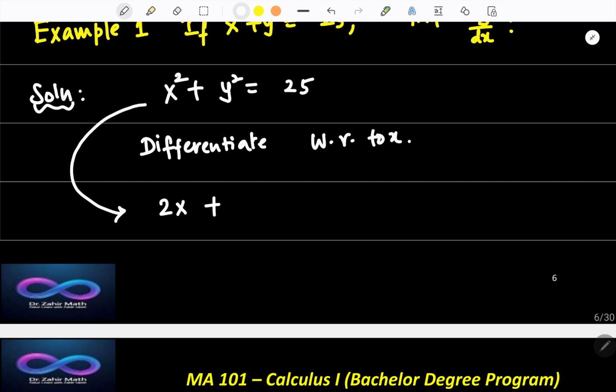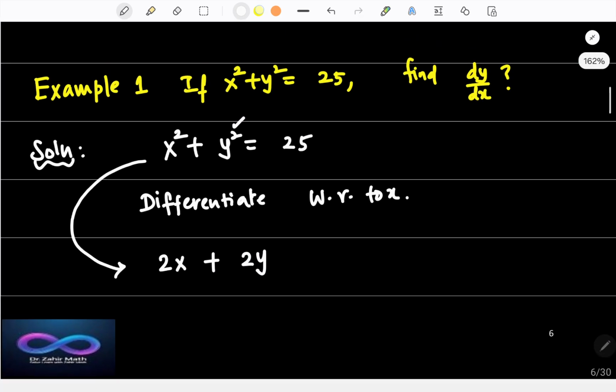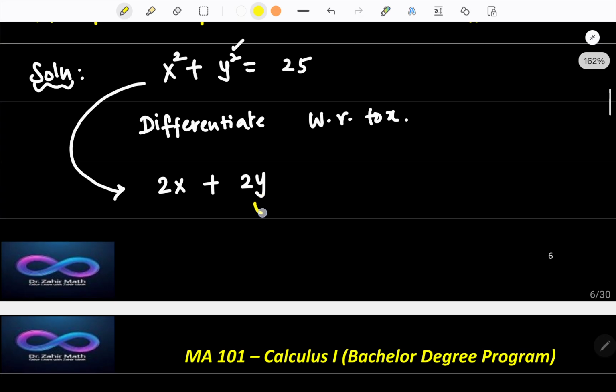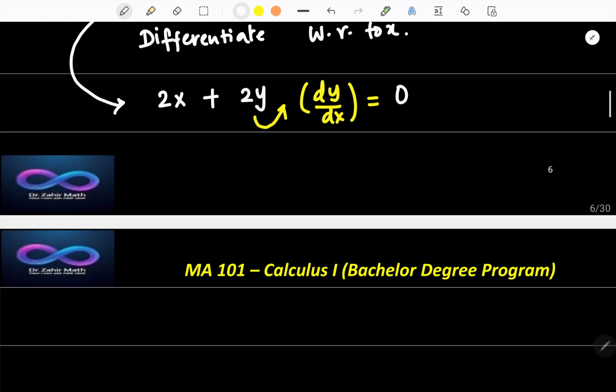When I differentiate y square, it is 2y. No, it is implicit. So we are going to multiply by dy by dx: 2y dy by dx. What is the derivative of 25? It's 0. Now we are going to find dy by dx. So 2y dy by dx is equal to, take this one to the other side, negative 2x.